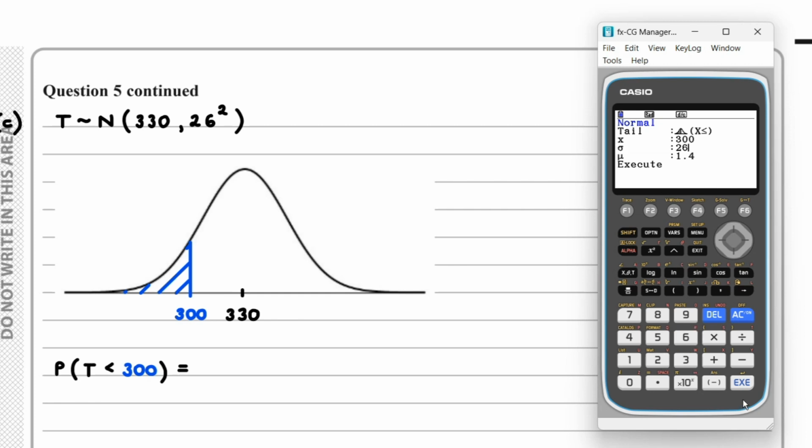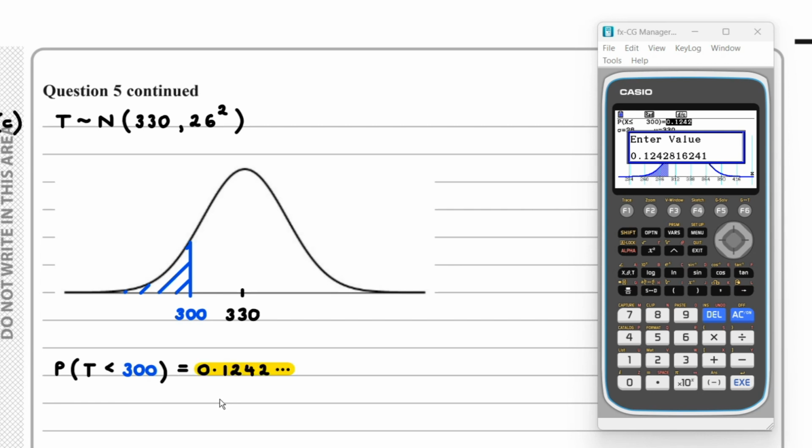Sigma is 26. Mu is 330. What you will find is the probability that t is less than 300 is equal to 0.1242, etc.